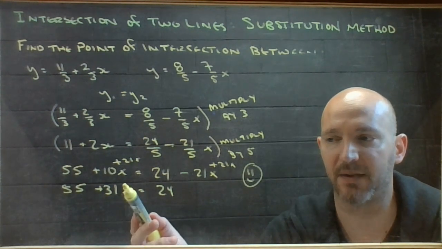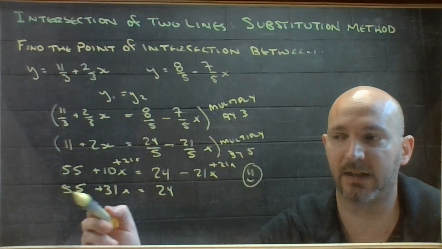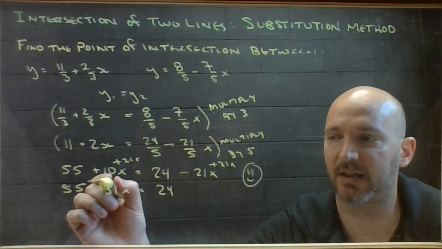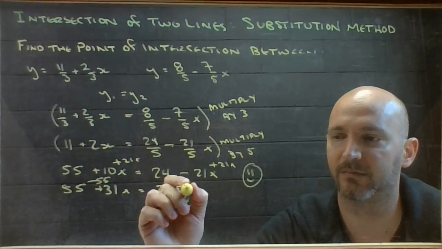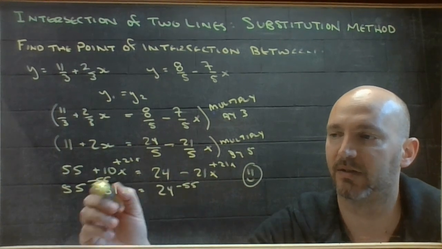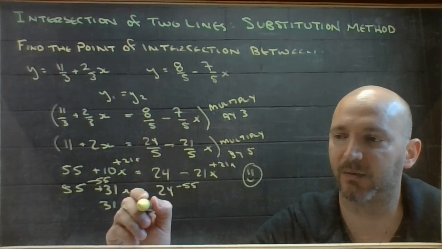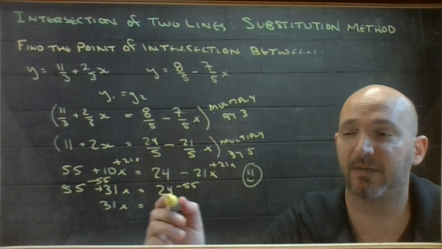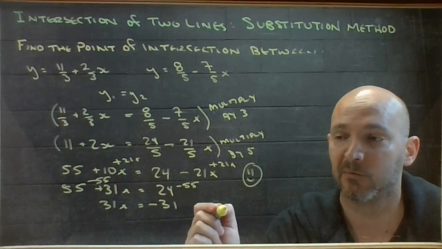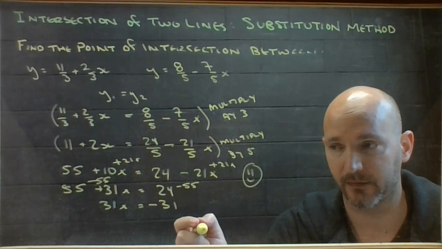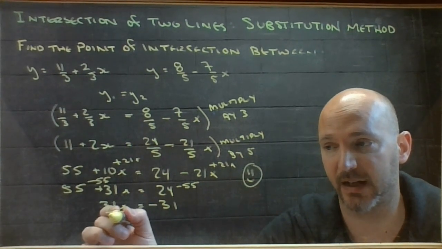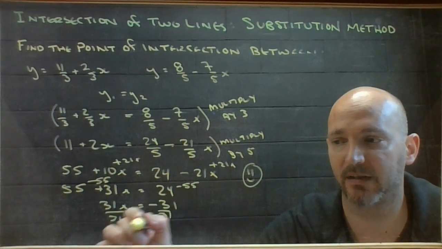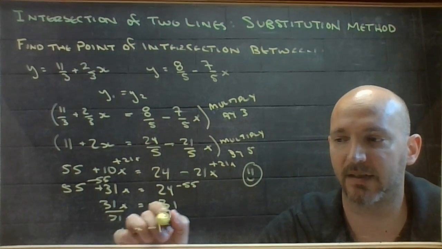I want this to say 31x equals, so I need this to be gone, so I'm going to send it to the other side. So that leaves me with 31x over here, and 24 subtract 55 is negative 31. So to finish, I just need to divide out the 31 on both sides. So x is negative 1.